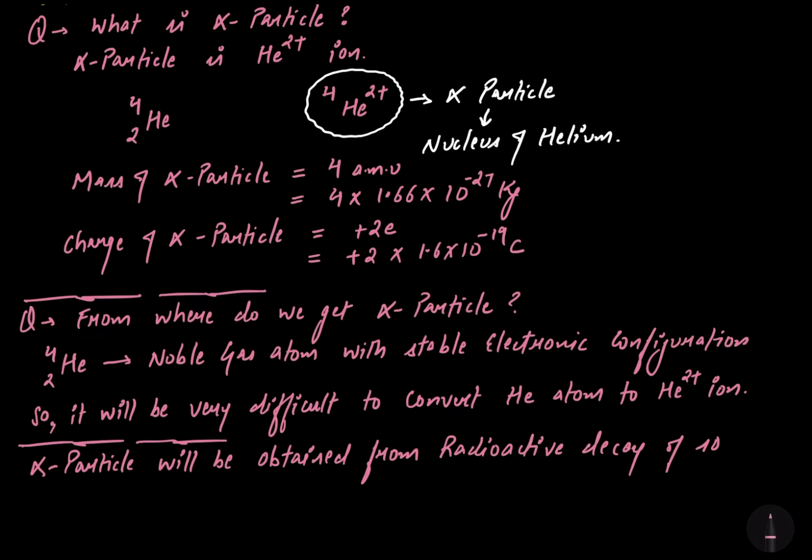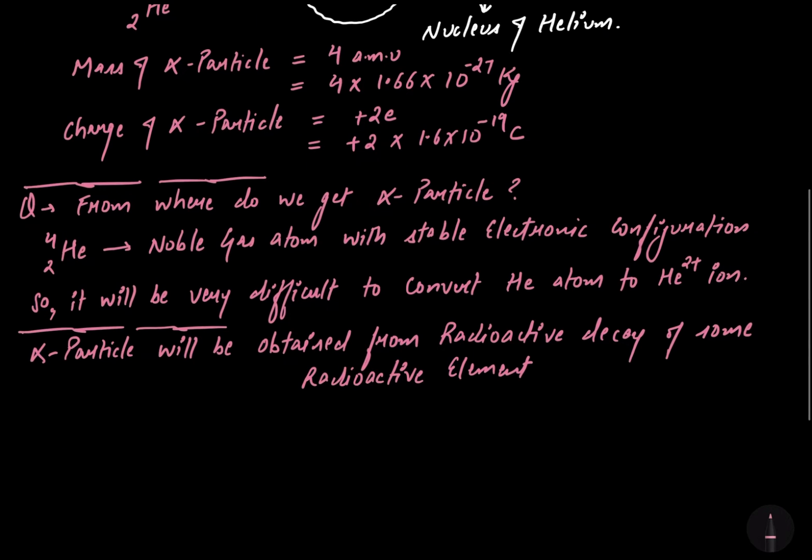I am taking its example to be polonium. Rutherford used the radioactive polonium atom to obtain the alpha particles.